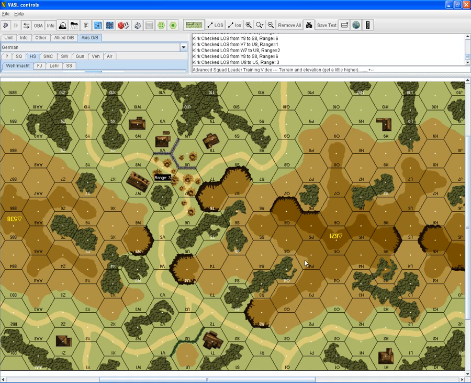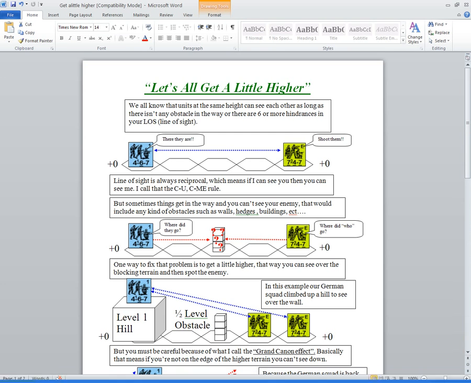When we start talking about going up and down hills and how that affects line of sight, I created a couple of sheets for a different squad level game a couple years ago, but the same basic rules apply to ASL, so I thought it would be easier to go over that visually because it represents three-dimensional. All right, so here we go.